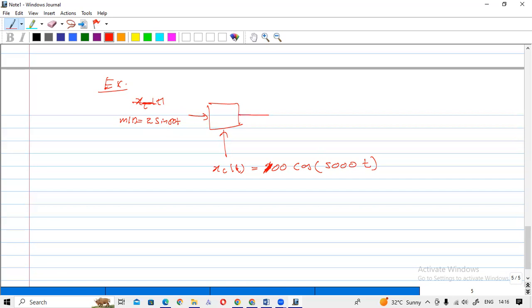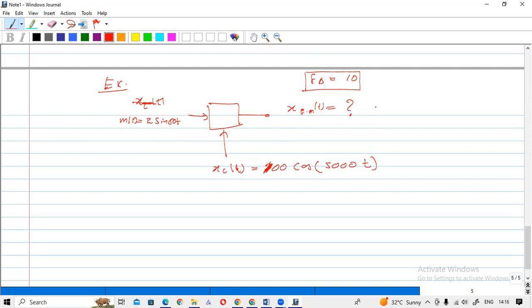You are asked to find the frequency modulated waveform here, and it is also given that the frequency deviation is 10. Now you are asked to find the frequency modulated signal at the output.